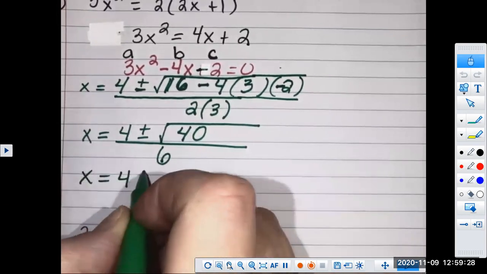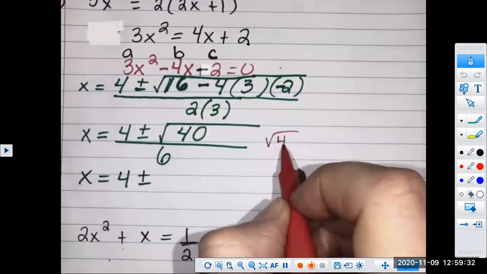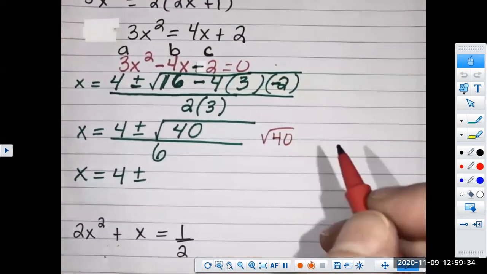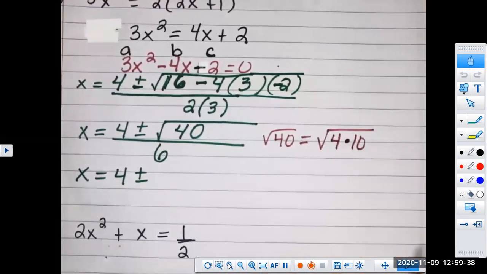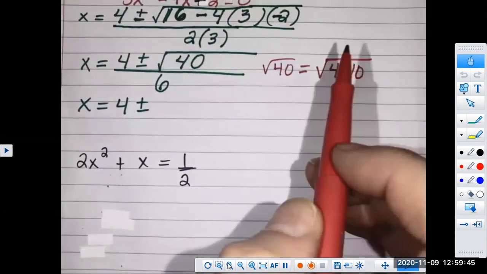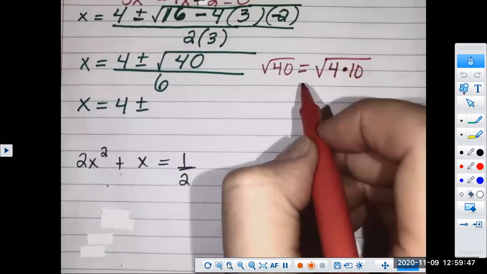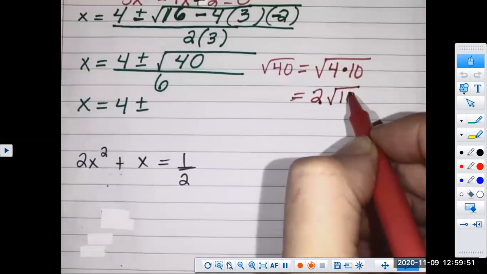So I have to put root 40 in simplest radical form. I split it up into 4 times 10. Take the square root of 4, bring that out, and then you leave root 10.